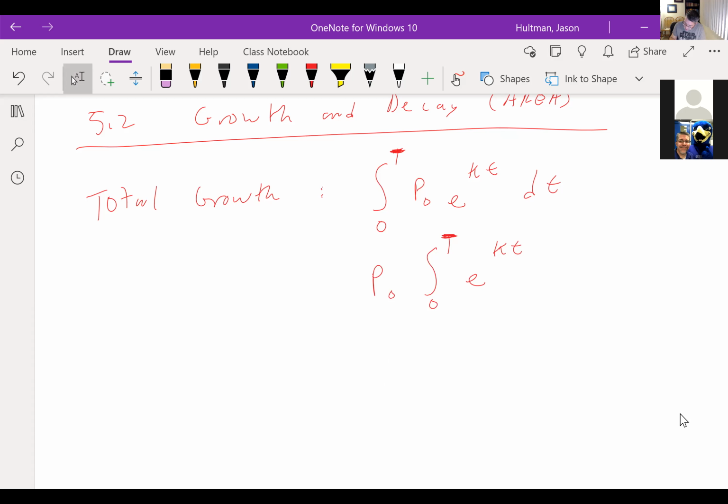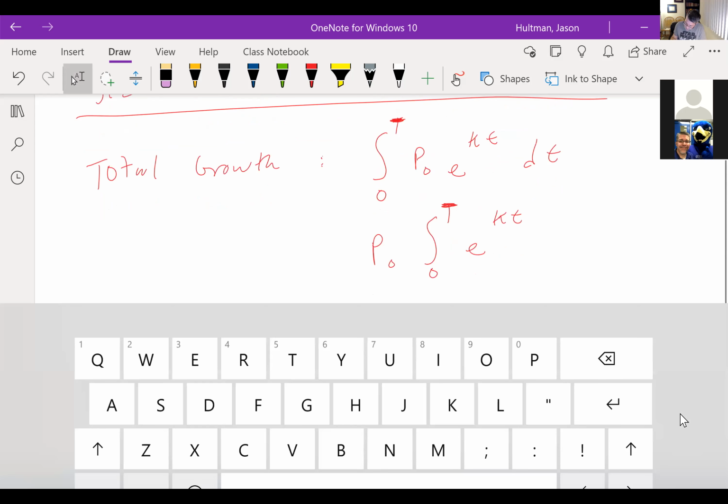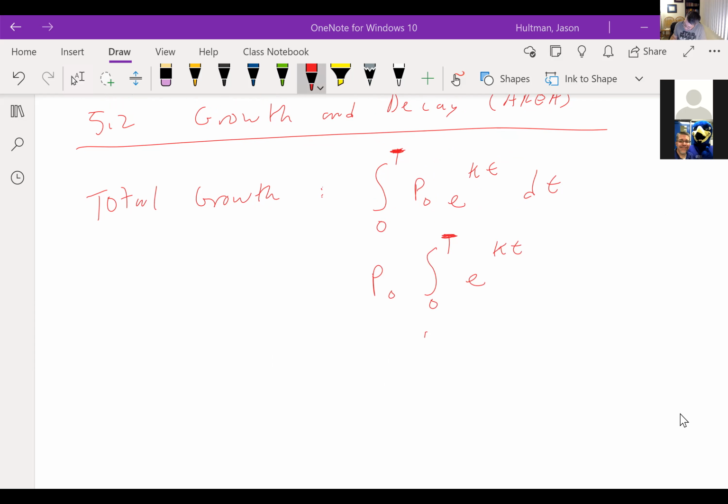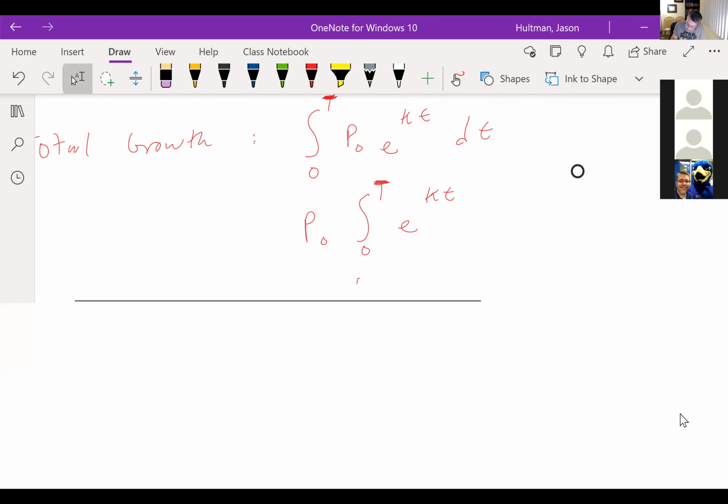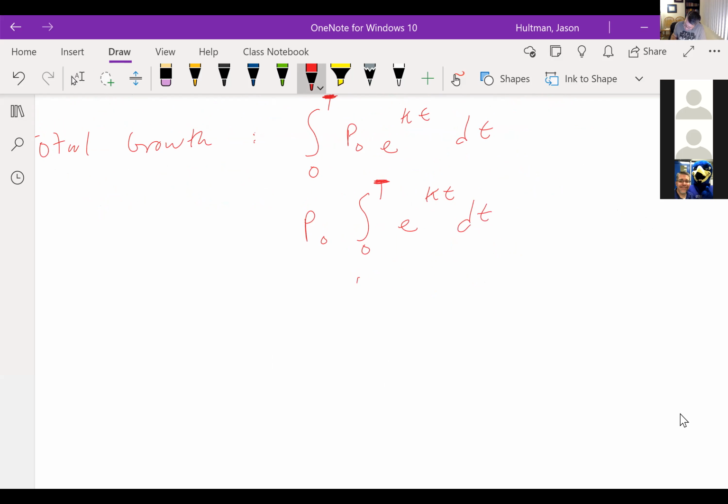Okay, everything here is a constant except the t, the small t, the little t, not the big T. Everything else is going to be treated as a constant. Okay, so when I take the integral, this is kind of like a u sub in a way.